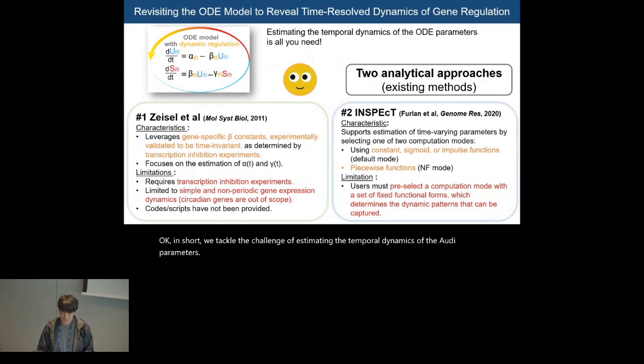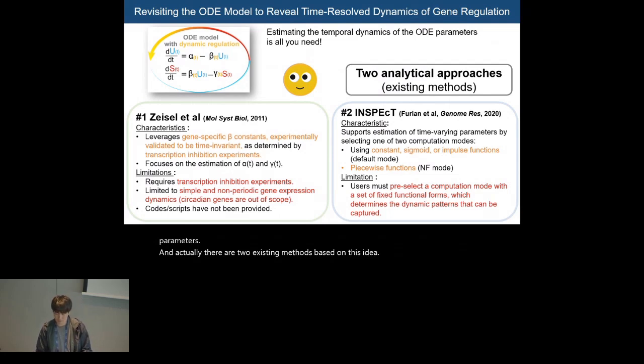And actually, there are two existing methods based on this idea. The details of both methods are shown in this slide, but here, I just want to emphasize that both methods share the same main limitation. I mean, they rely on analytical approaches.